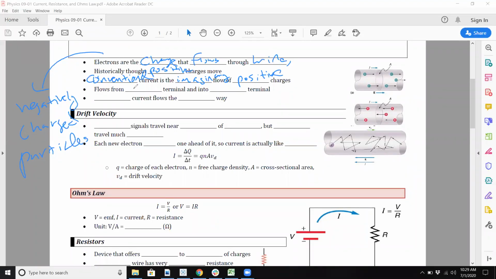It flows from the positive terminal of a battery to the negative terminal.